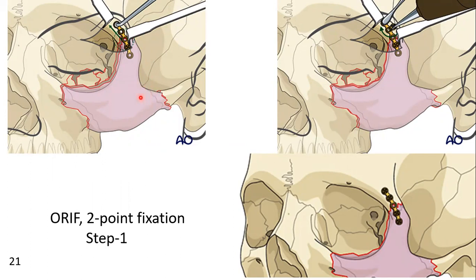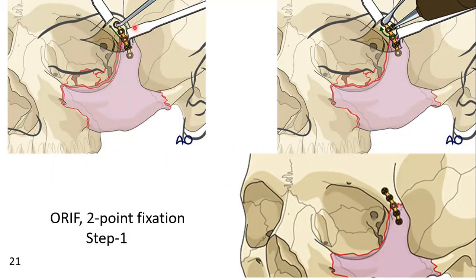It should be properly adapted, and one screw is placed in an unstable zygomatic fracture area. Suppose this one is unstable, then you will place one screw here in this unstable zygomatic fracture, and then an instrument is used to pull the plate and the zygomatic fragment in a cephalad direction, to further reduce the fracture.